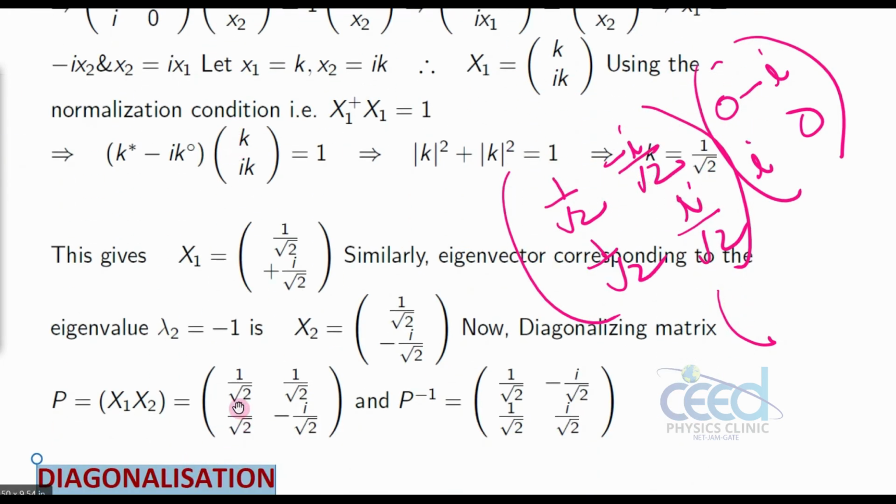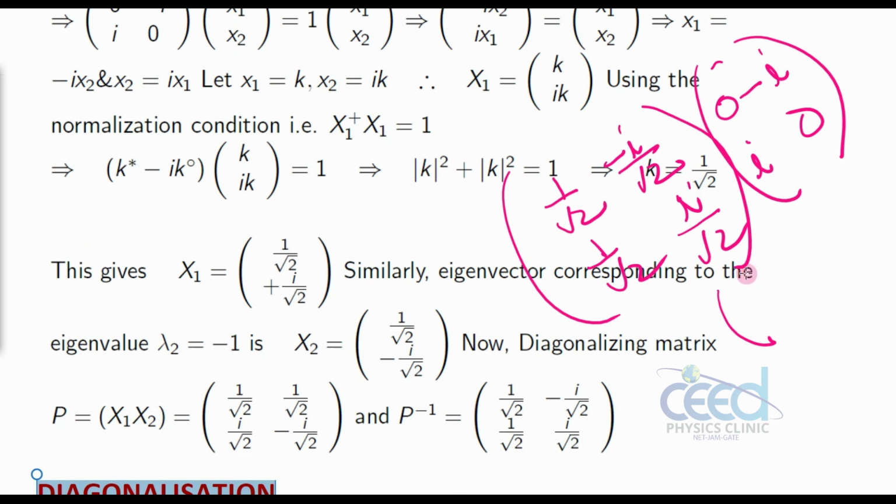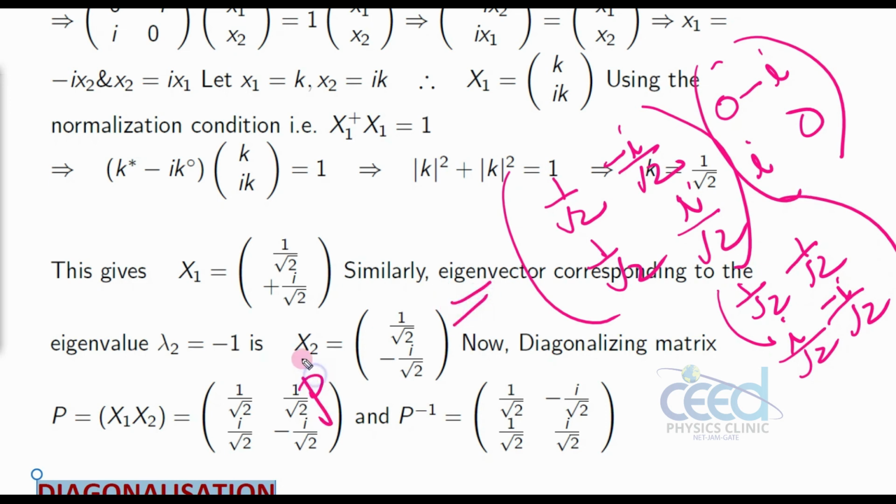P is the matrix formed by the eigenvectors, that is 1 by root 2, 1 by root 2, i by root 2, minus i by root 2. This is P inverse AP.